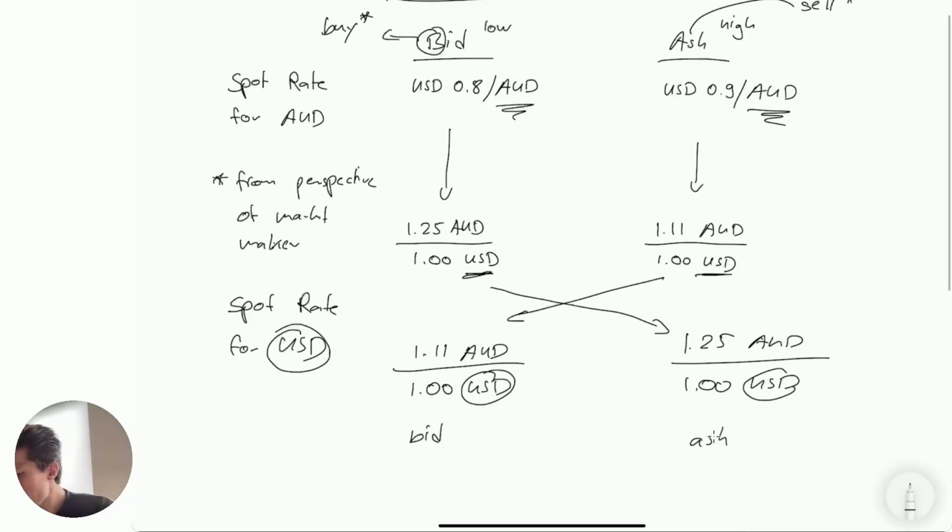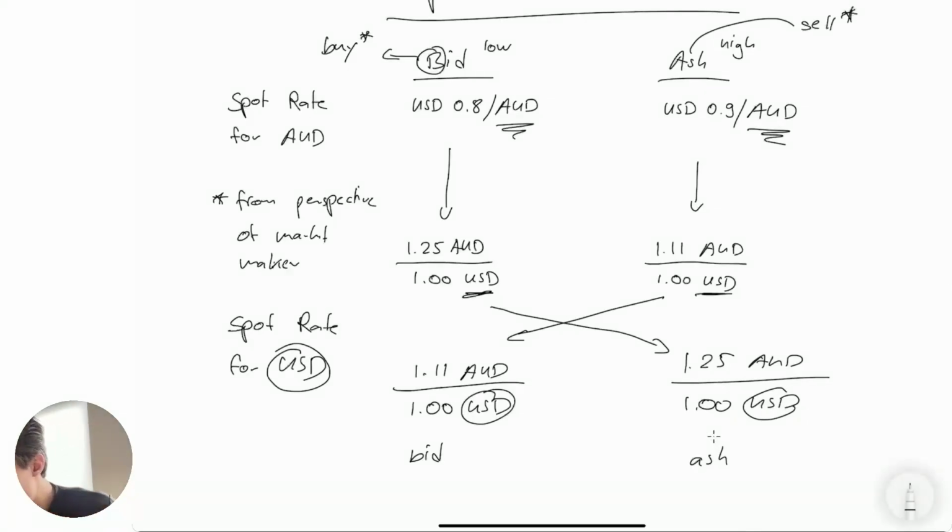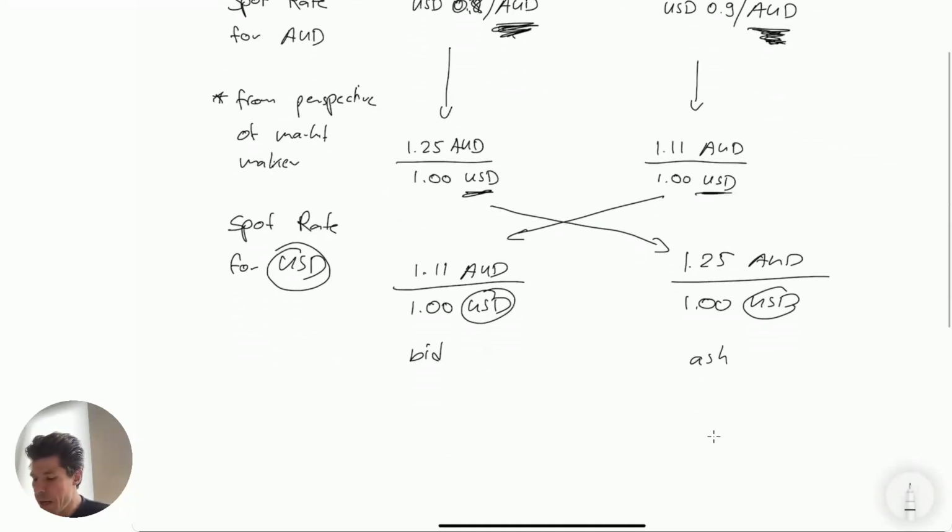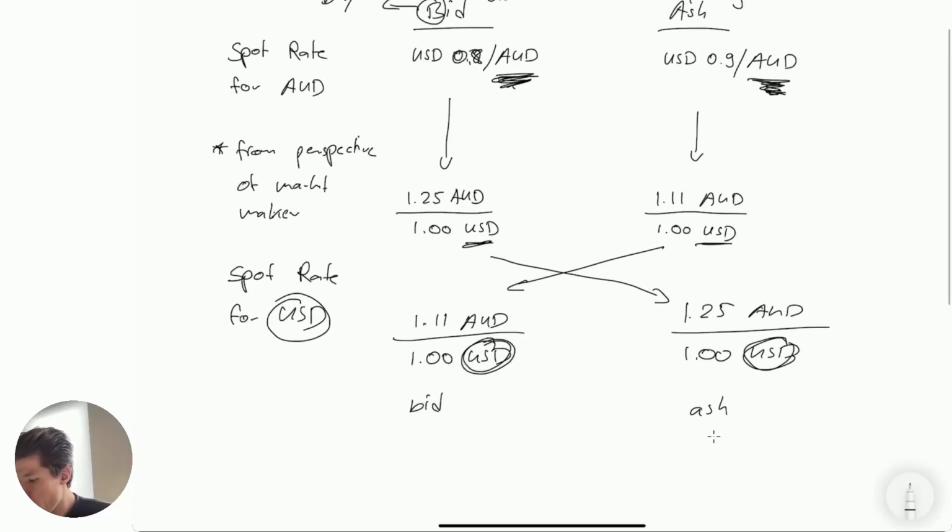So what it means is, if those financial organizations, the market makers, want to buy Australian dollars from you as a customer, a non-market maker, they need to pay 0.8 US dollar. If they want to sell Australian dollars to you, they request 0.9 US dollar. If the market maker wants to trade US dollars, if they want to bid, to buy US dollars from you, they have to pay 1.11 Australian dollars.